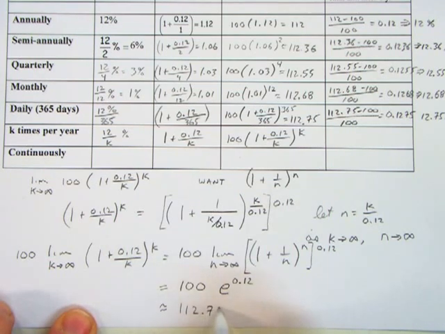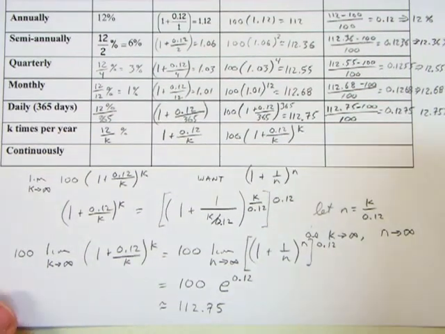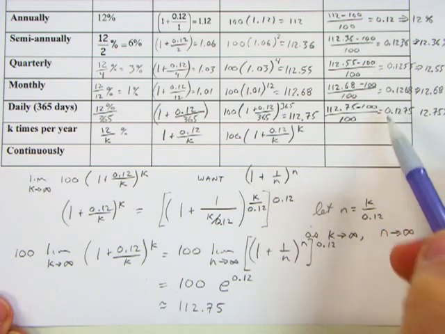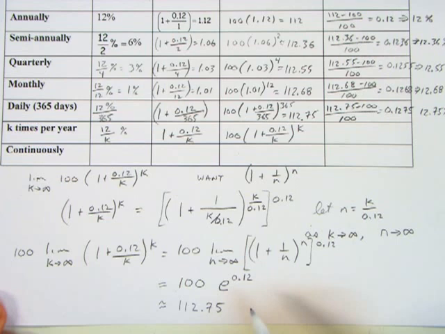Now I want to point out something. Let's compare that to the daily. They are approximately the same. If we looked at some further decimals, they're not exactly the same. Our book will say, oh, if it says daily, just use continuously. I don't want you to do that. If it says daily, I want you to use daily. If it says continuously, I want you to use continuously.